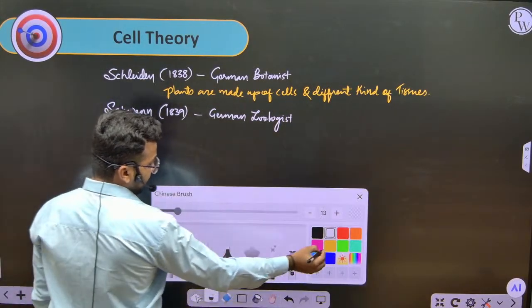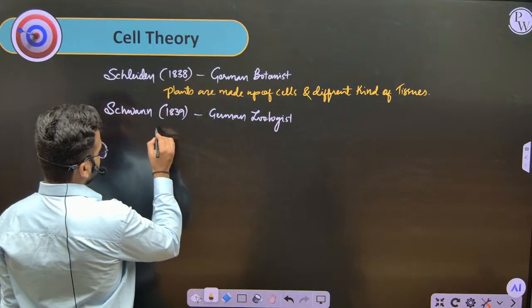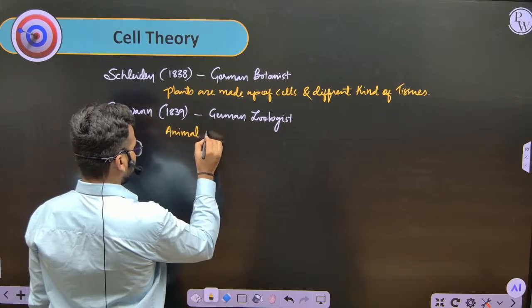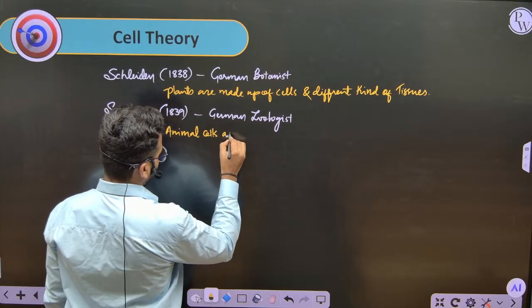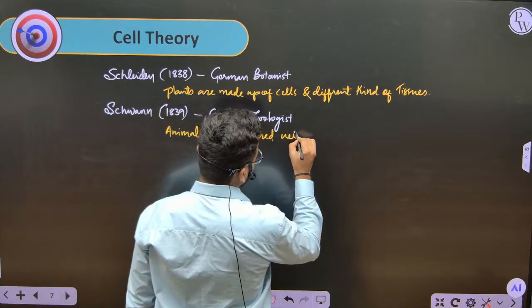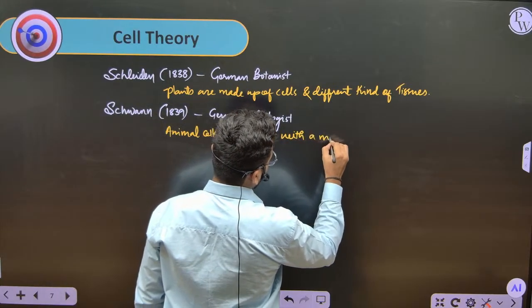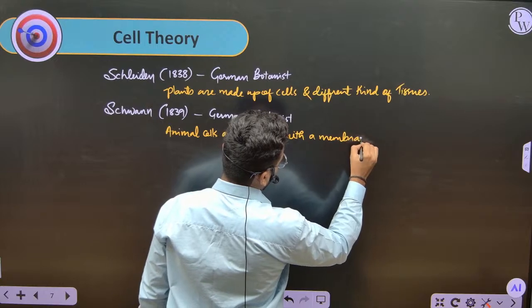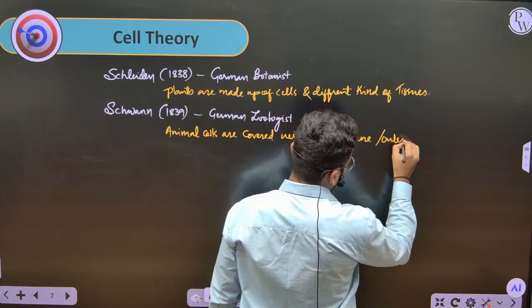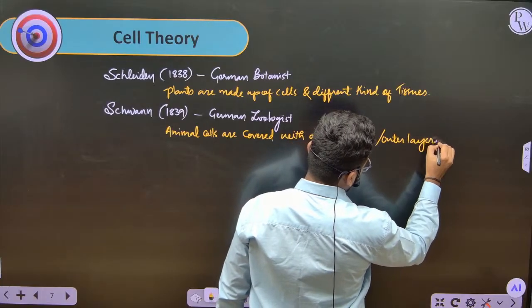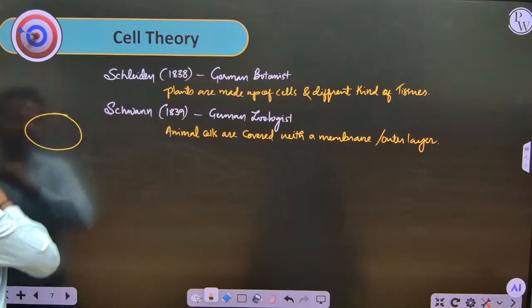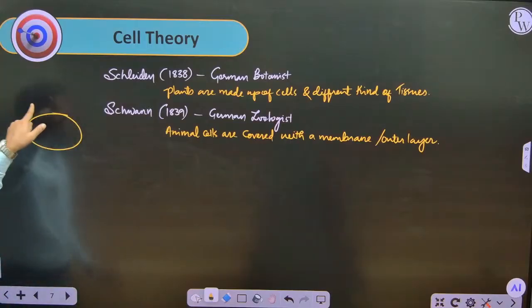He gave a statement that animal cells are covered with a membrane or an outer layer. So he says that a cell is covered with some membrane.